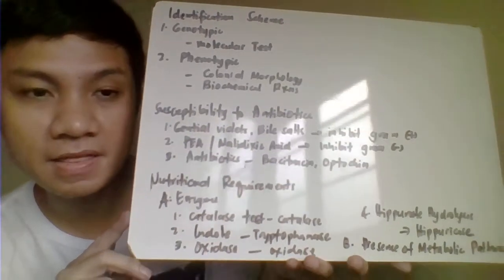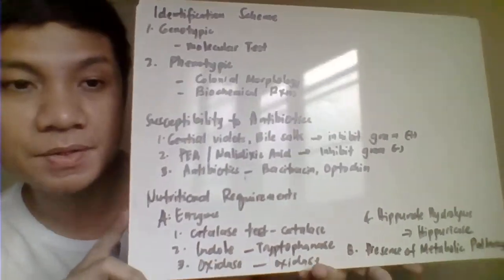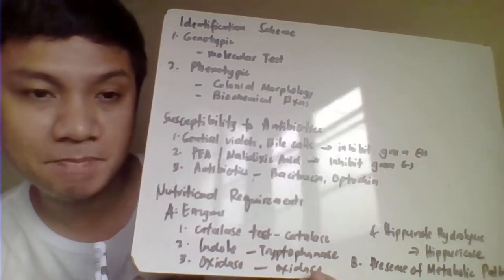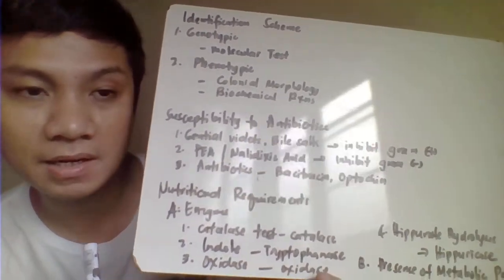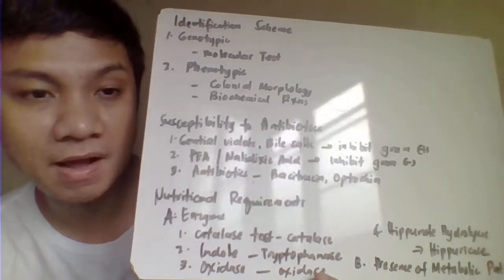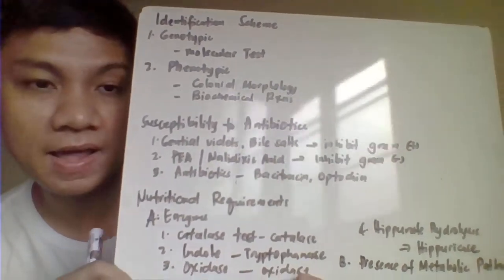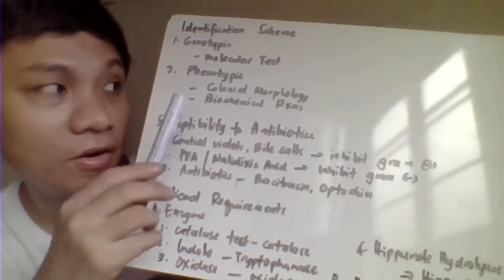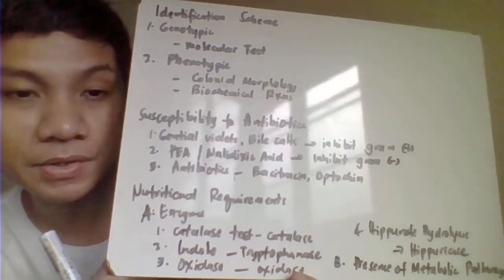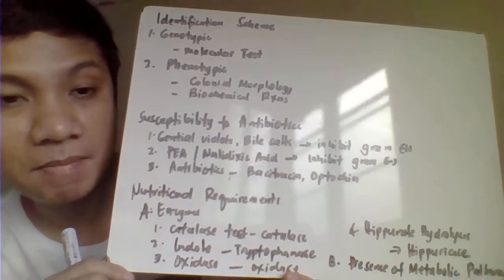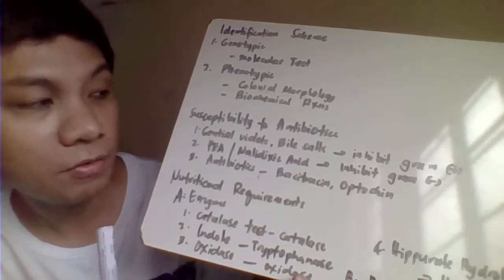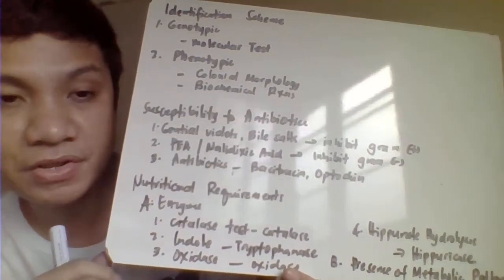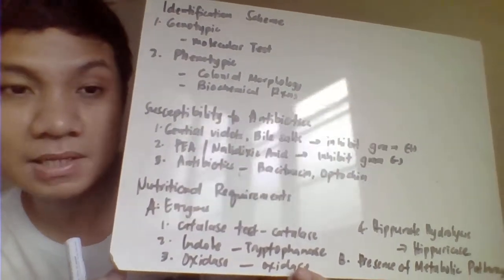Okay, then we have here the identification of your microorganism, which could be in the form of genotypic typing. Genotypic typing could be done by molecular testing, for example PCR. We could also identify our organism based on their phenotypes like colonial morphology, gram stain result, or even their biochemical reactions. Then we have the susceptibility to different antibiotics, which is the basis for antimicrobial susceptibility testing.